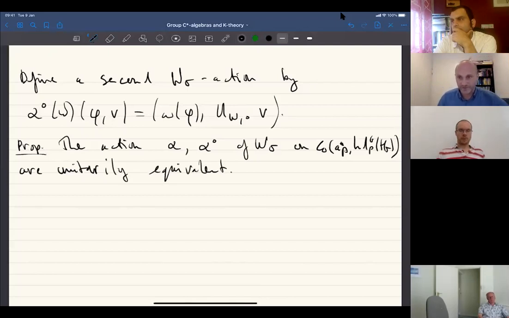So this means that there is a unitary that conjugates these two actions.